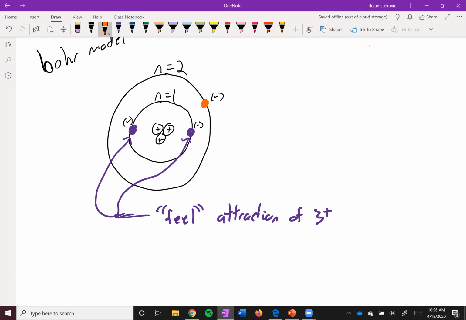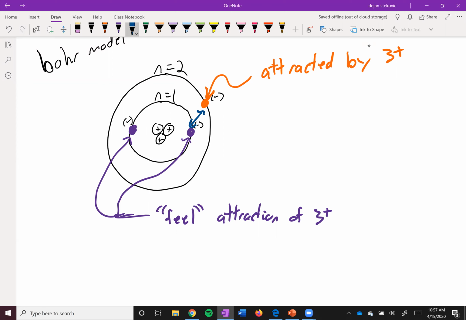Let's take a look at this one right here in the 2s orbital, right? Still attracted by that nucleus, so we can say attracted by a 3 plus charge. But in between it and the nucleus are now 2 electrons. And remember, electrons are both negative, so same charges repel.